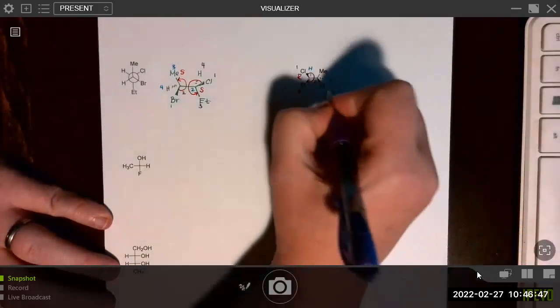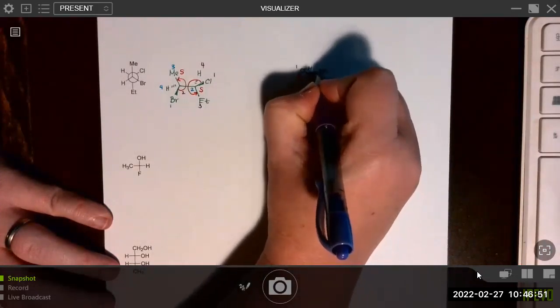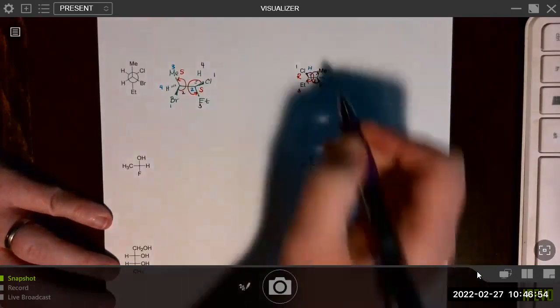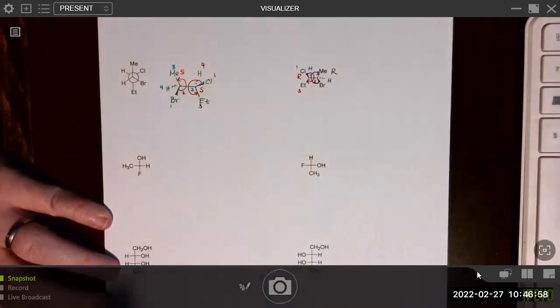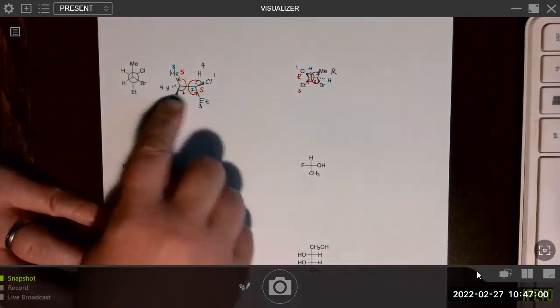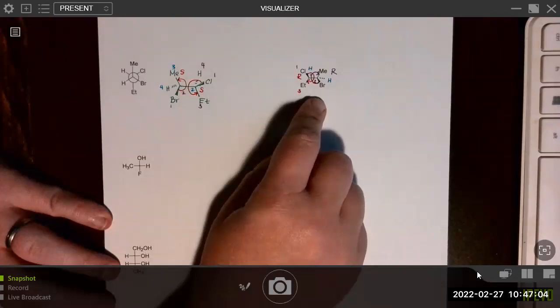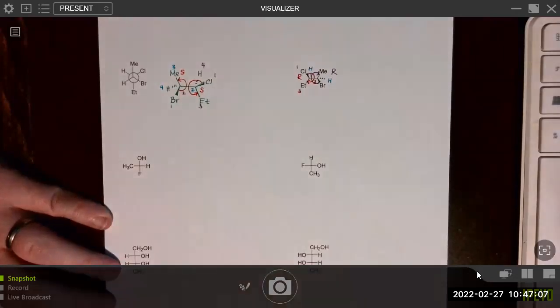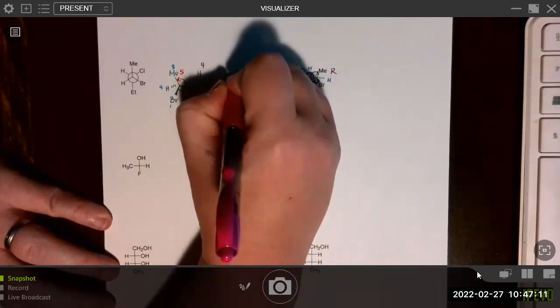And then over here we have bromine followed by the carbon with the chlorine, followed by the methyl. This is clockwise and also R. So again, SS, the same groups attached as this one. This one is RR. We know those are related as enantiomers.